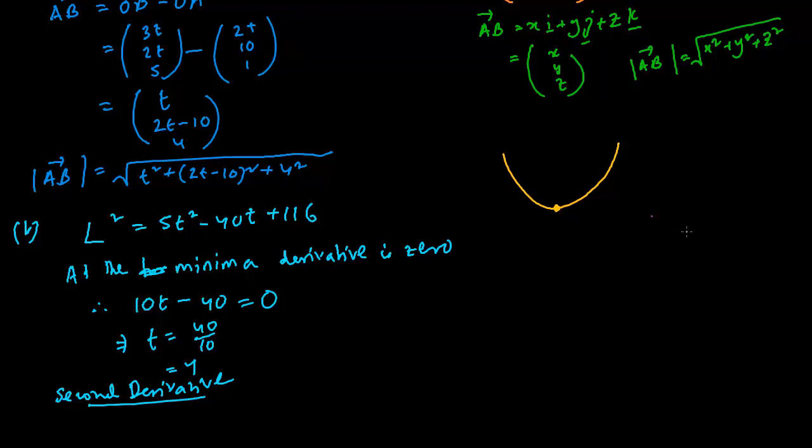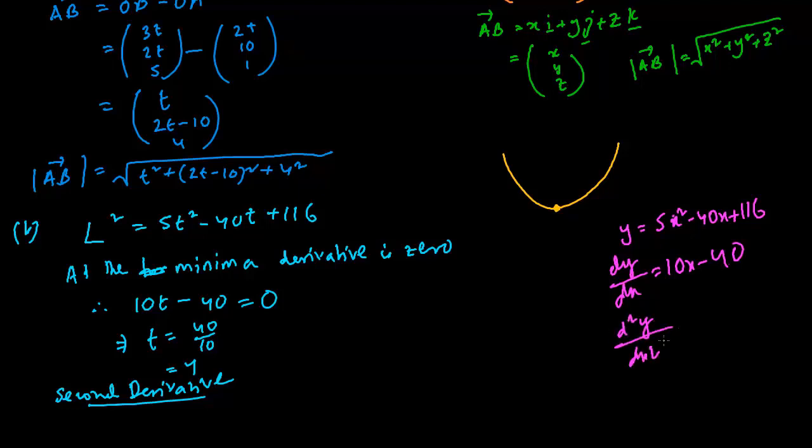Let me write it down over here. If you think of this as a curve, if 5t squared was a curve, let me write 5x squared minus 40x plus 116. I'm writing in the Cartesian form of x and y. So you found dy by dx, and dy by dx was 10x minus 40. Now you have to find the second derivative, d2y by dx squared, which would be simply 10.